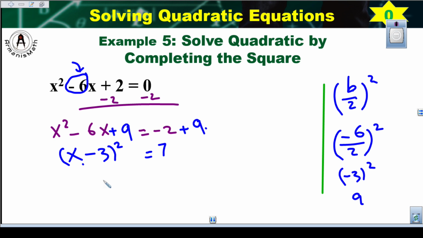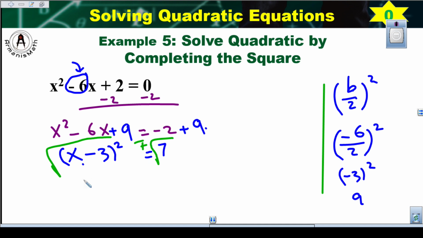If you're not sure what I'm talking about, it's perfectly fine. I was talking about a shortcut. But if you were able to factor this out, you will end up with x minus 3 twice. Anyways, once you get there, you will have to take the square root again, which we've done a few minutes ago, plus or minus.